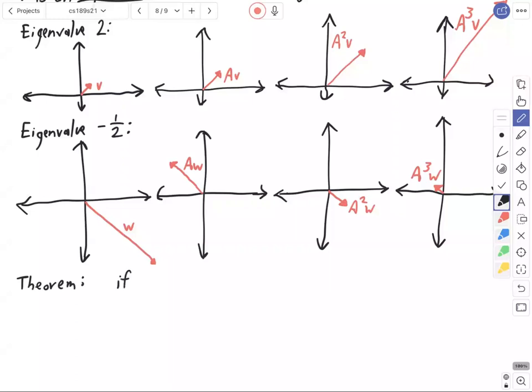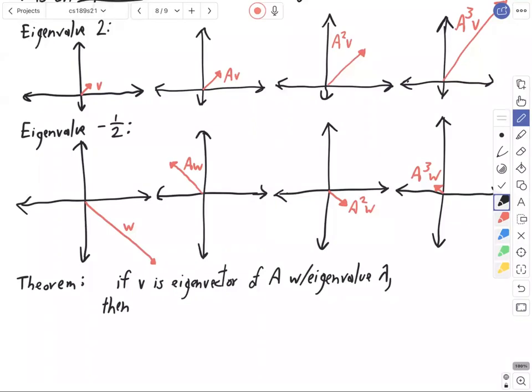So first of all, if V is an eigenvector of a matrix A with eigenvalue lambda, then what about A squared or A cubed or A to the fourth?